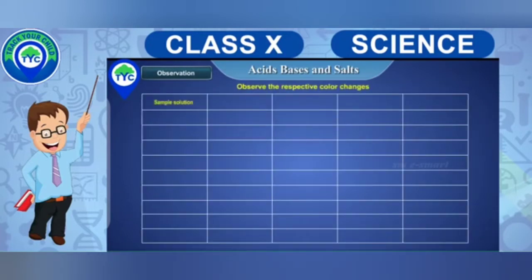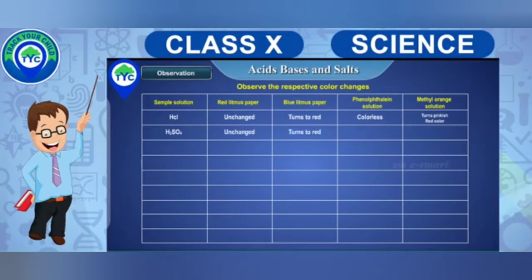Sample solution: red litmus paper, blue litmus paper, phenolphthalein solution, methyl orange solution. HCl: unchanged, turns red, colorless, turns pinkish red.